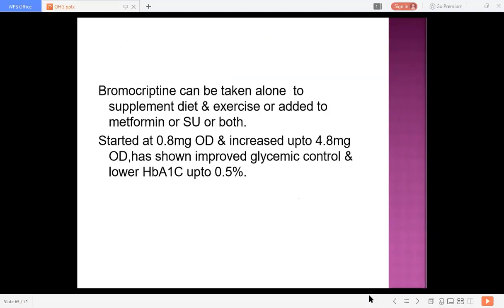Bromocriptine can be taken alone to supplement diet and exercise, or added to metformin or sulfonylurea or both. Started at 0.8 mg OD and increased up to 4.8 mg OD, it has shown improved glycemic control and lowers HbA1c by up to 0.5%.